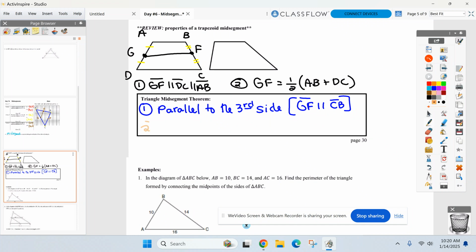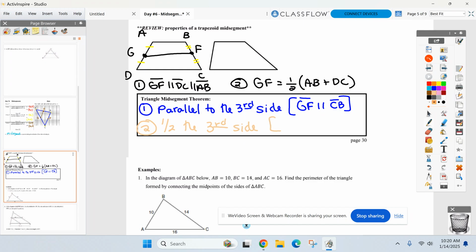And the second property: remember it was half the sum of the bases? Well, I don't have two bases in a triangle. So instead, its length will be half the third side.